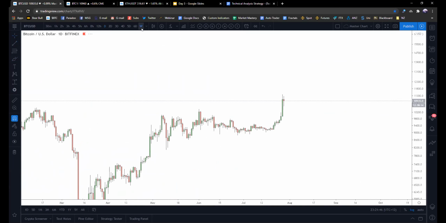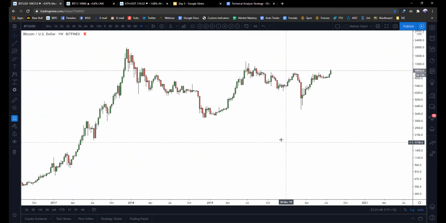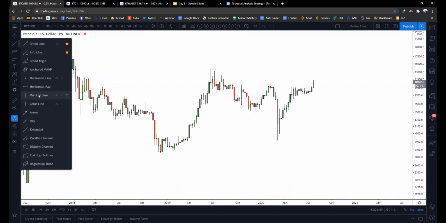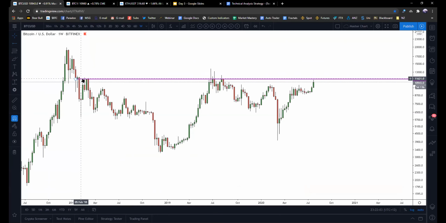So with different time frames, when it comes to technical analysis, you're just trying to identify the strength or relevance of specific levels. The higher the time frame, the more relevant it is, the stronger it is, right? So a weekly resistance here, for instance, is going to be very strong, right?